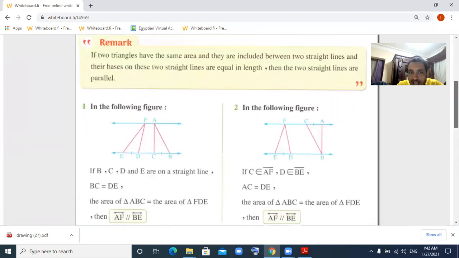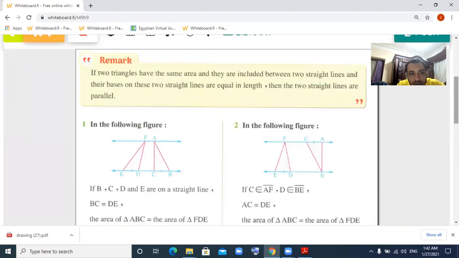Now, we also have information like this. If two triangles have the same area and are included between two straight lines, and their bases on these two straight lines are equal in length, then the two straight lines are parallel. This is the converse of the corollary we studied in the previous lesson.